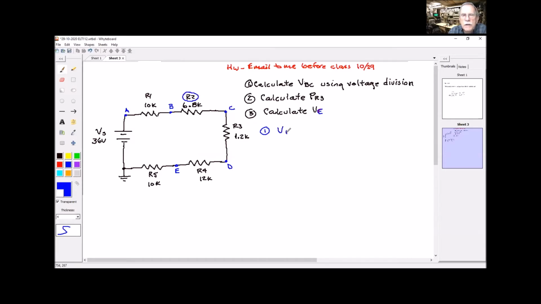So we can say that VBC is R2 over the sum of the resistances, we'll put in the values in a minute, times VS. So in the denominator I've got 10K plus 6.8K plus 1.2K plus 12K plus 10K.